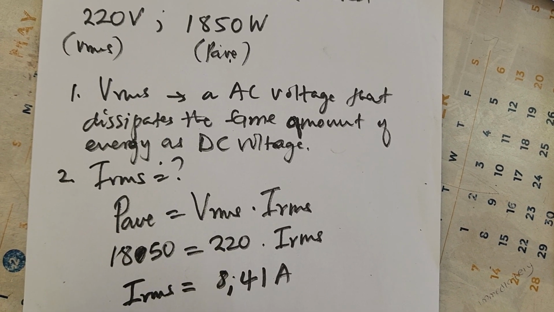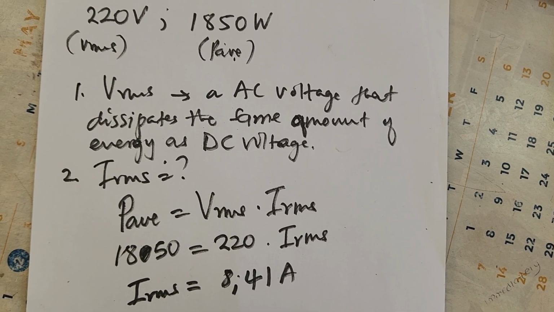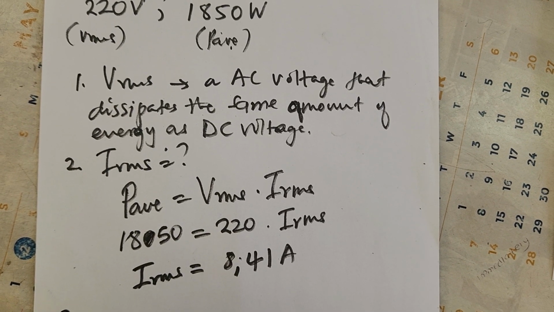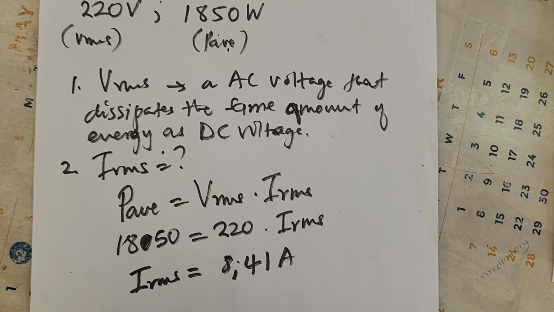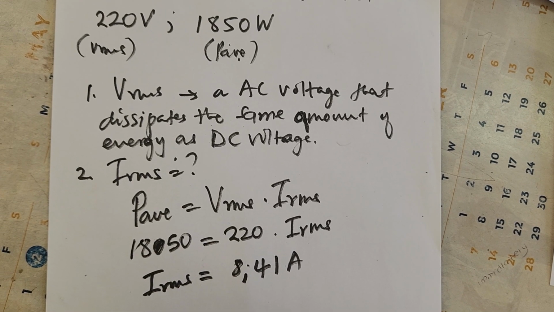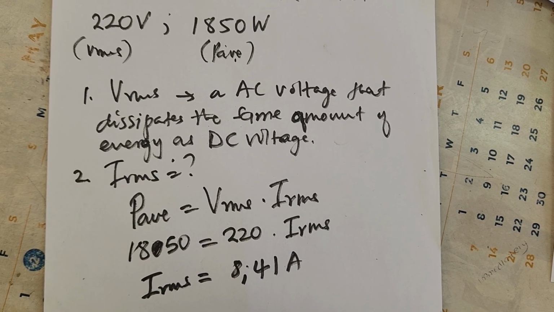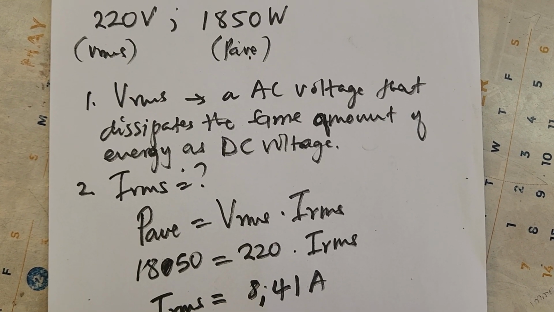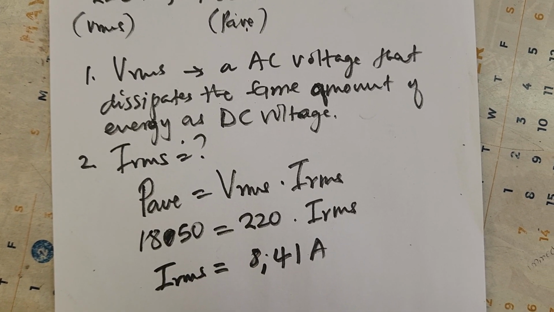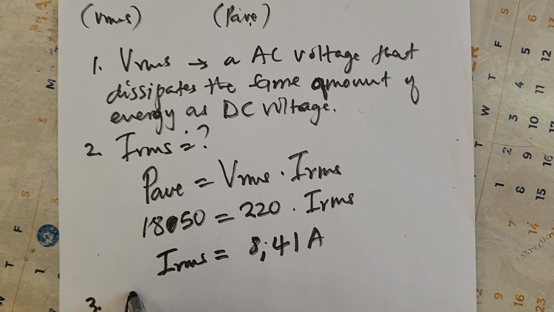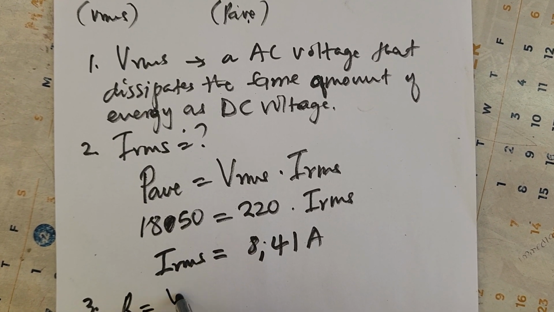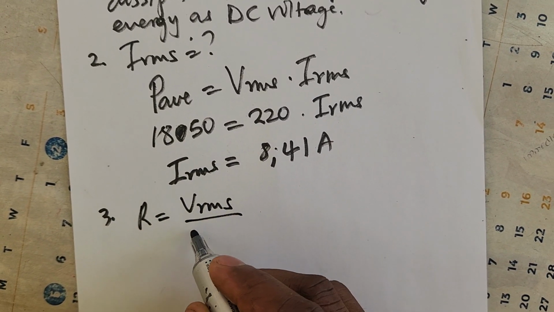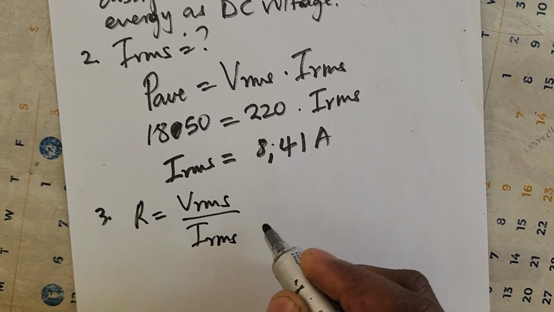Then the next one, which is the last one in this question, they say calculate the resistance of the device. In this case, we've got many options. Let's go for the easiest one before dealing with the other options. The easiest one will be resistance equals, using Ohm's law, VRMS divided by IRMS.